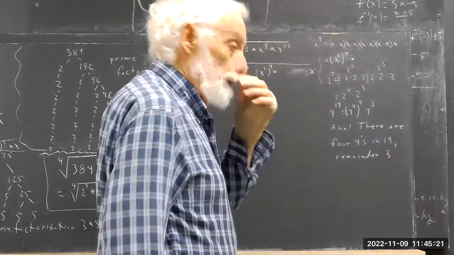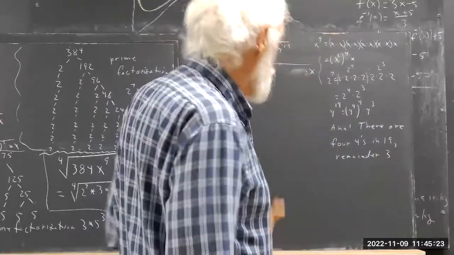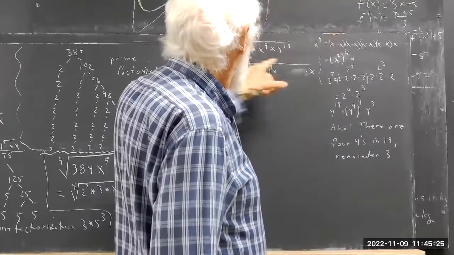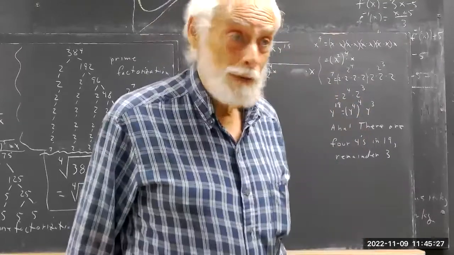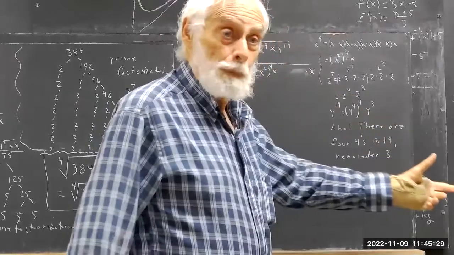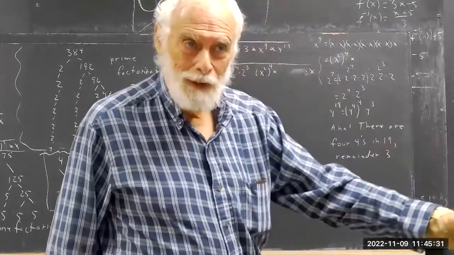There's a remainder of 3. So really all I've got to do is divide this by 4 and see what the remainder is, and I know how it's going to group. But I will have to see that connection.